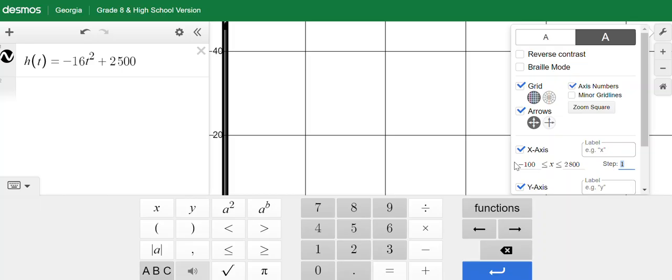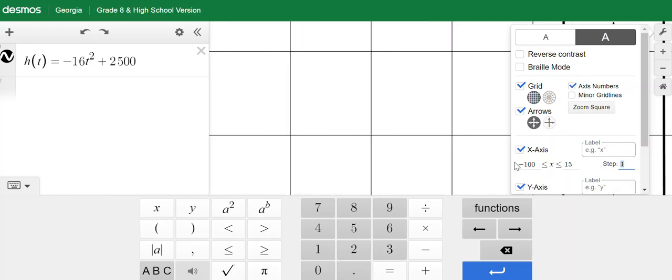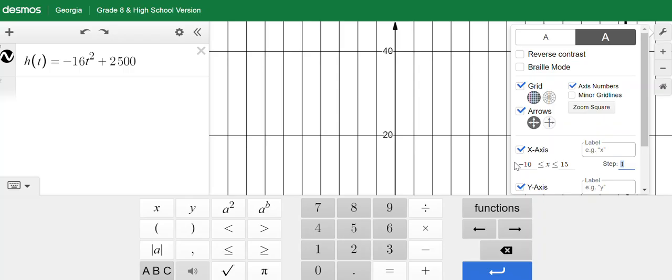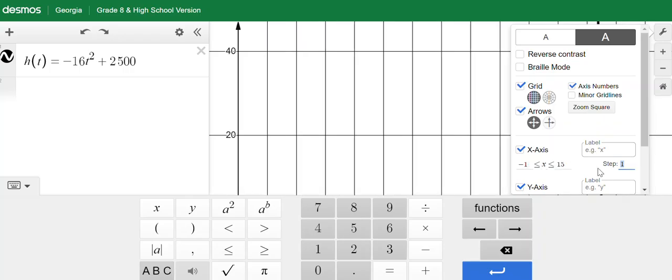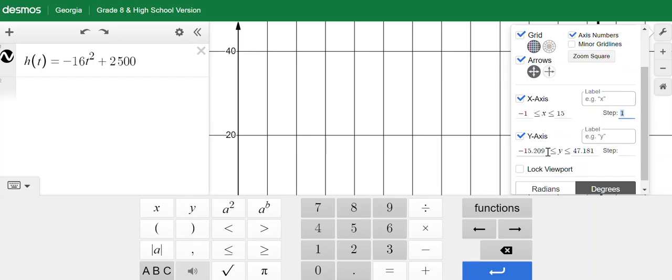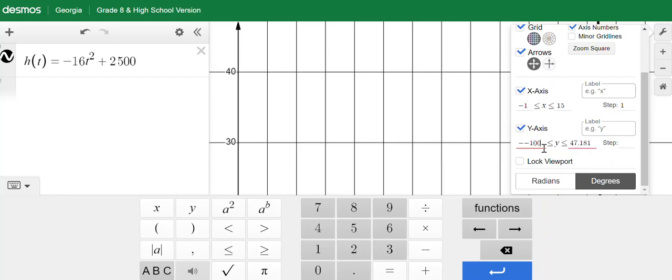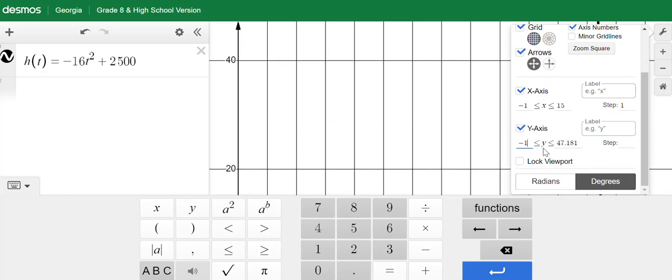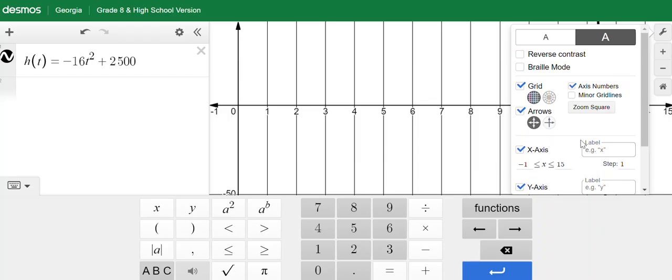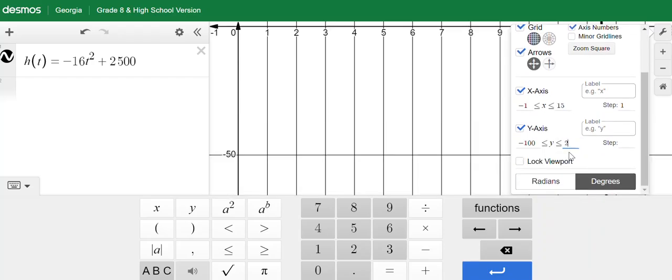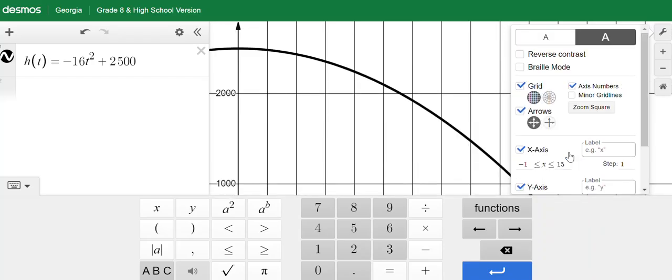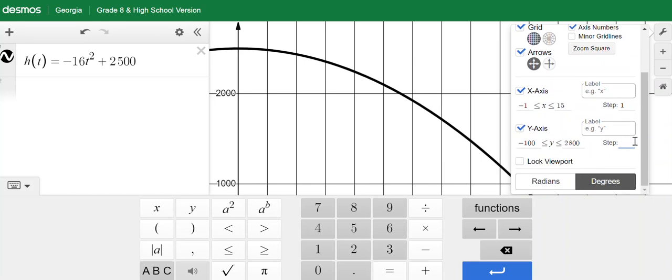Oh, I changed the wrong one. Good thing that we can go backspace and negative 100. Ooh, I got two negatives. To 2,800. And the step is 100.